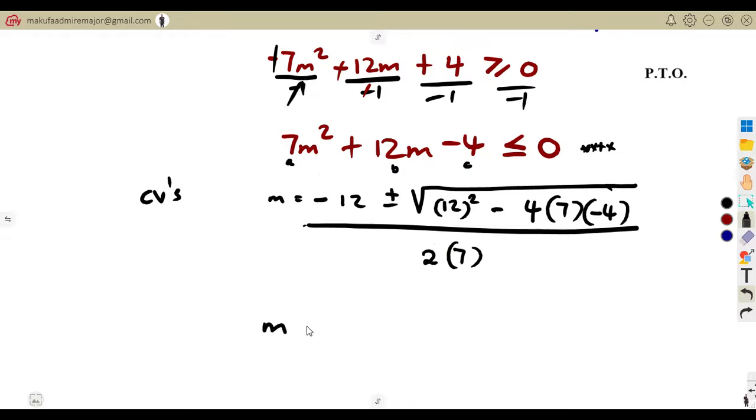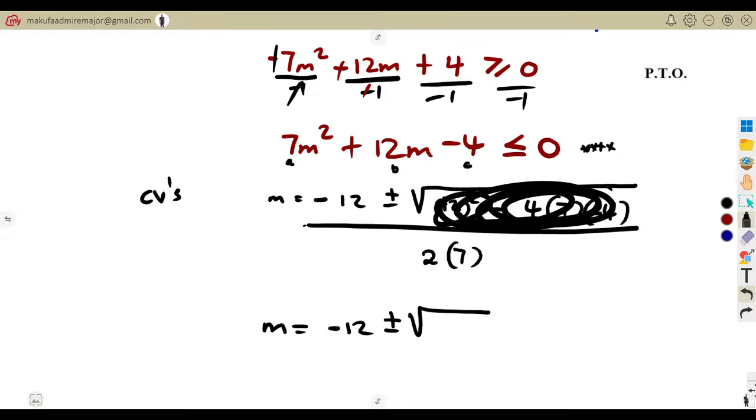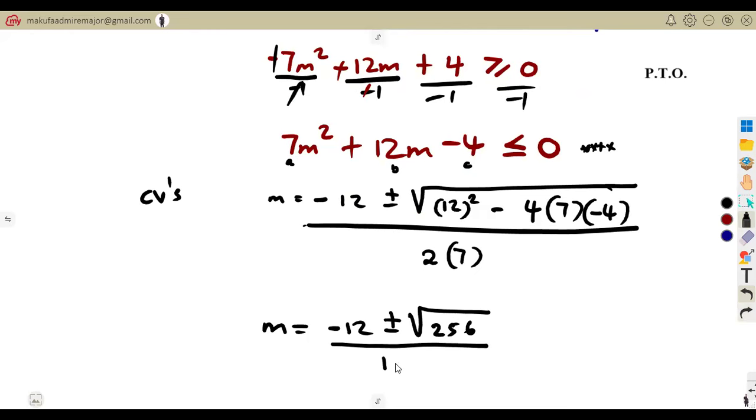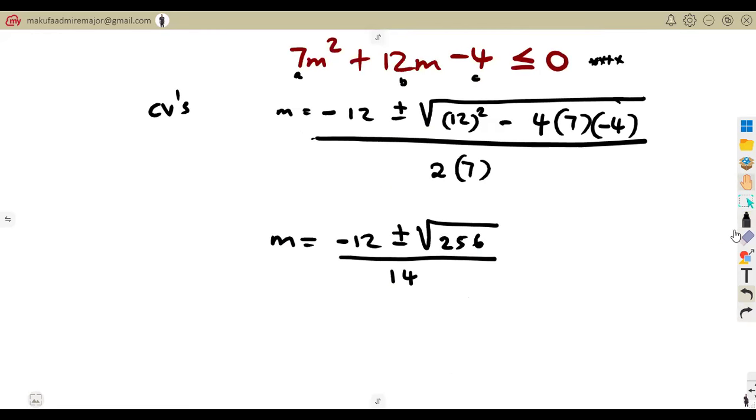So there we are going to obtain the possible values of m, guys. That's minus 12 plus or minus the square root of, simplify these numbers under the square root. That was going to give us 256. So you can simplify this over 14. Simplify this separately.